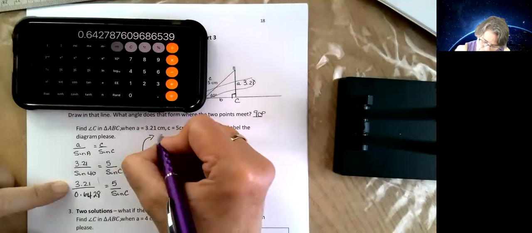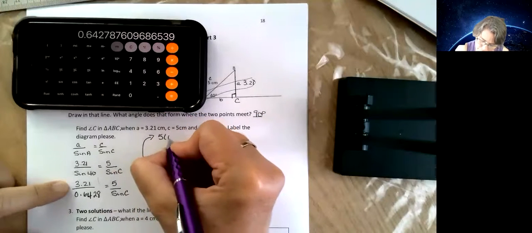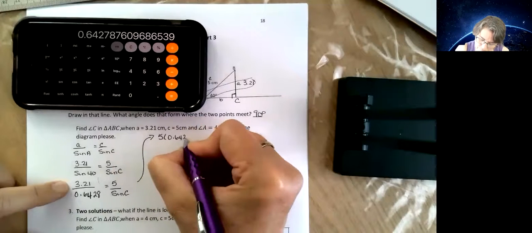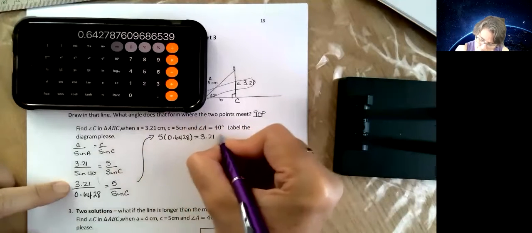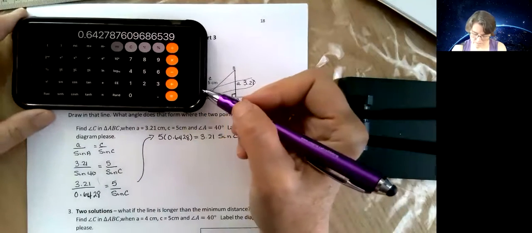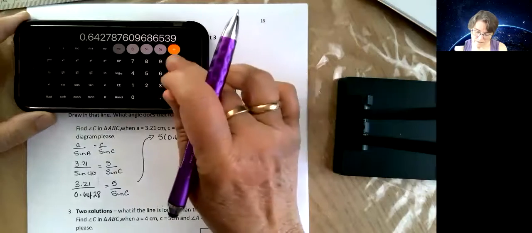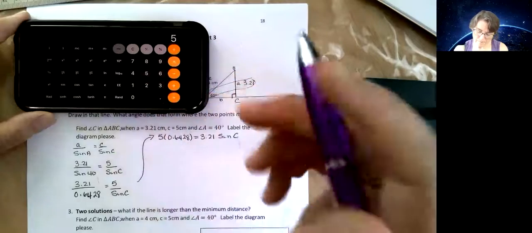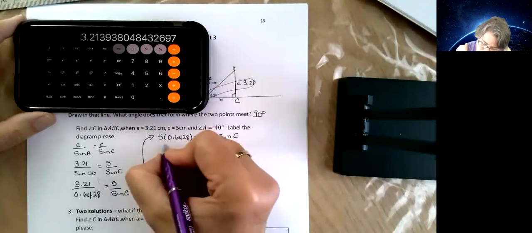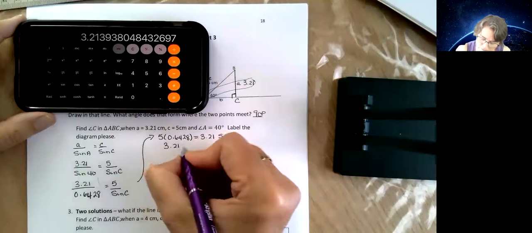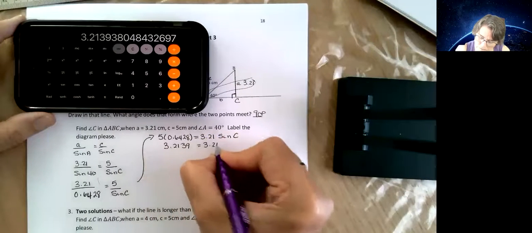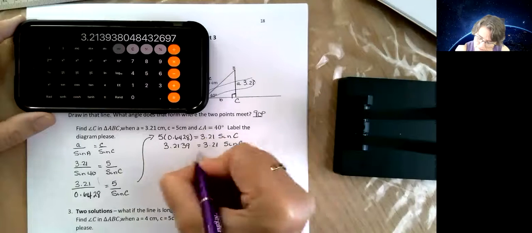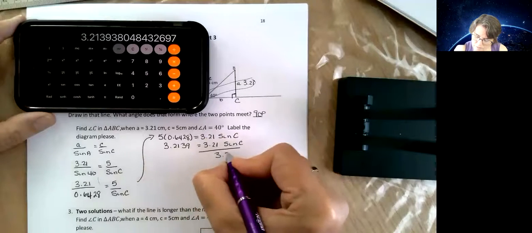Cross multiply. So I've got the 0.64 on my calculator, so I'm going to multiply it by 5. And I get 3.2139 is 3.21 sine C. Divided by 3.21.